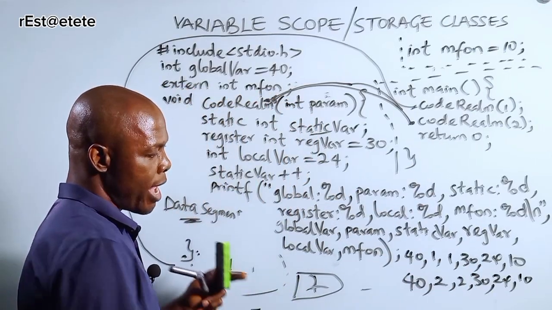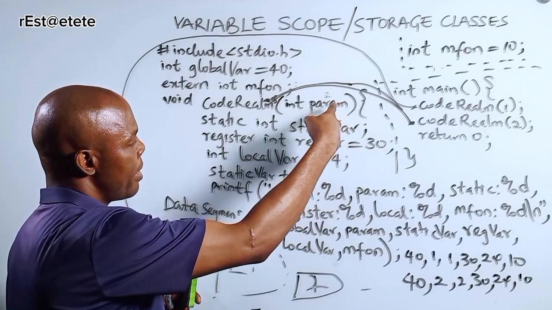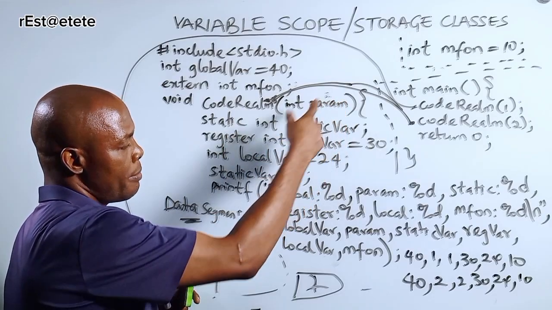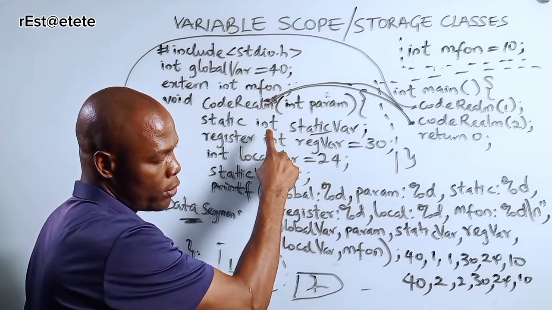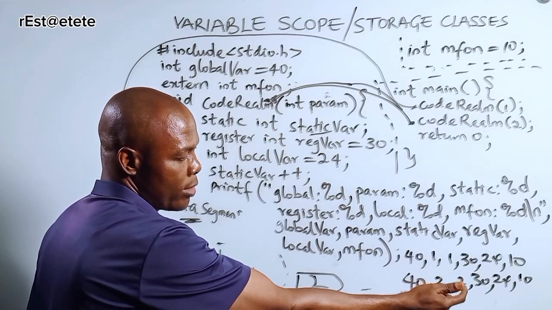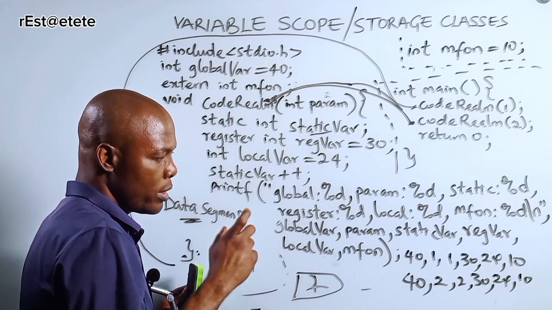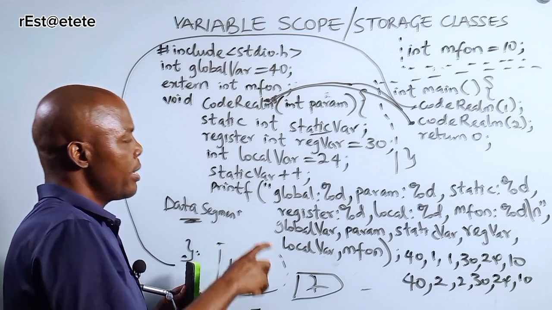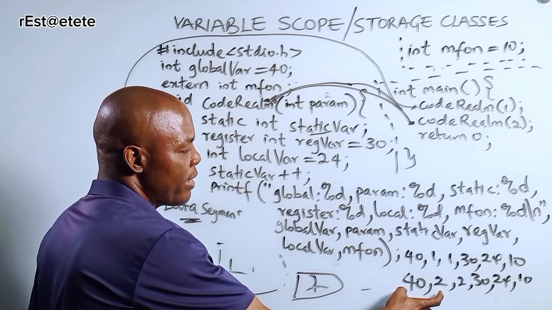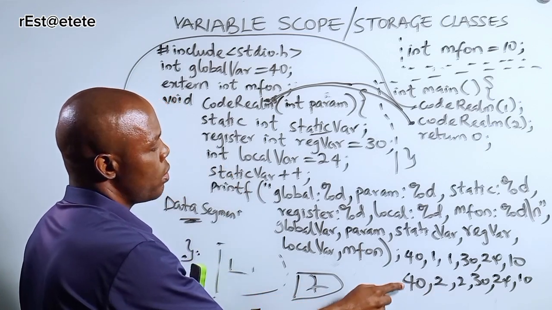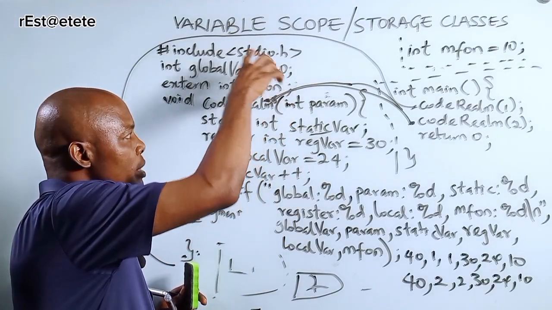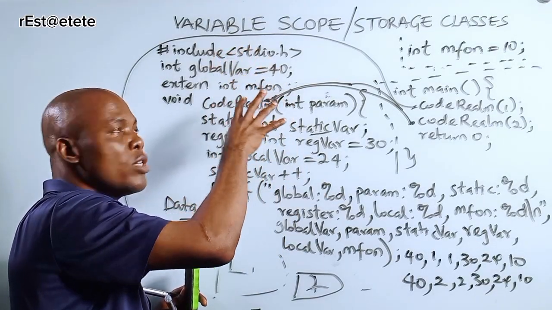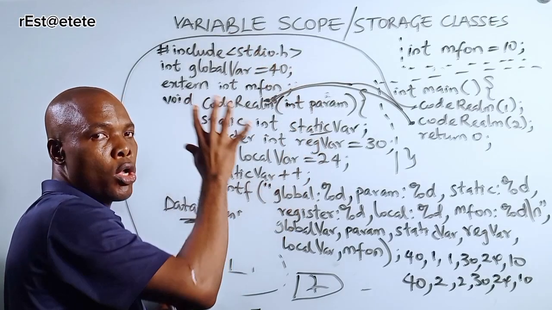But watch what happened to param and static. Their values changed from the first time you called the function to 2 and 2. That is the point I'm trying to make: the value of the global variable remains the same because its lifespan lasts until the entire program is gone.